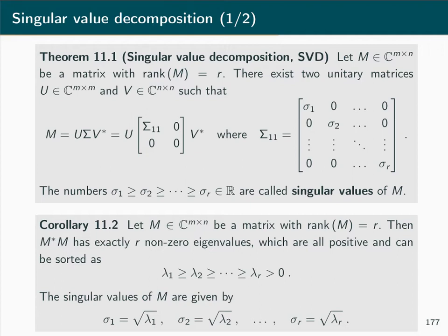And finally, there was also an explicit formula for the column vectors of the matrix U given in the proof of Theorem 11.1. Hence, we have a constructive way of computing the entire singular value decomposition of any matrix M.